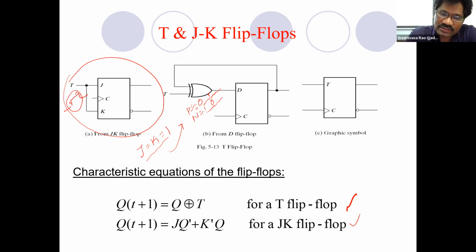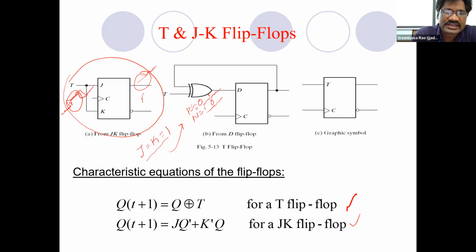Okay, this toggling means as long as the clock is available, at the output the state is changing for the same inputs. I'm not changing the inputs, I just applied J and K both as ones. Then I fed the clock, so at the output the next state is not stable. It is continuously toggling as long as the clock period is high. This is the biggest setback of the JK.